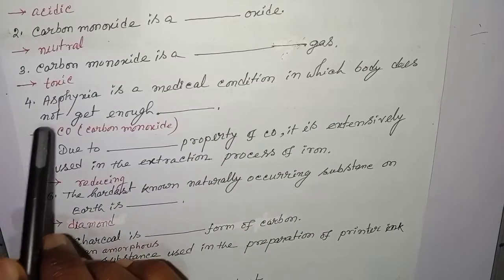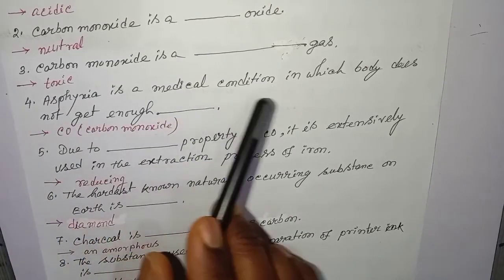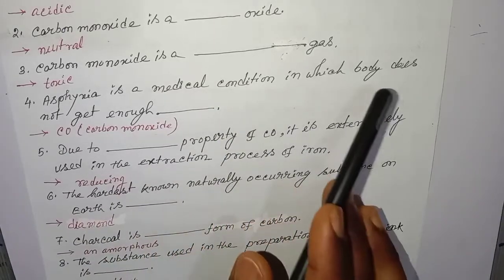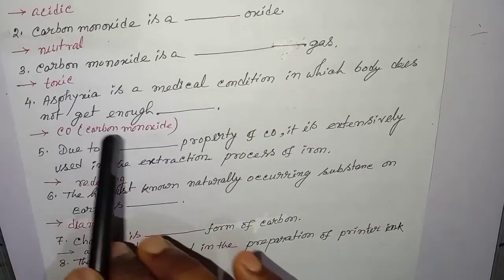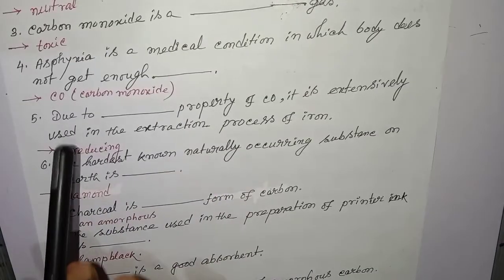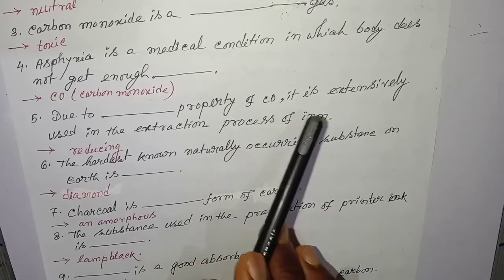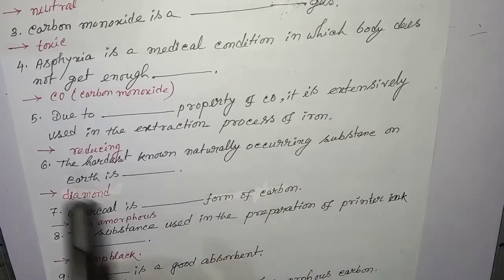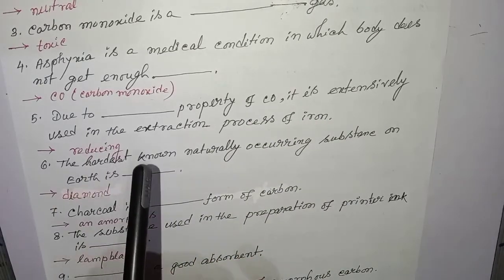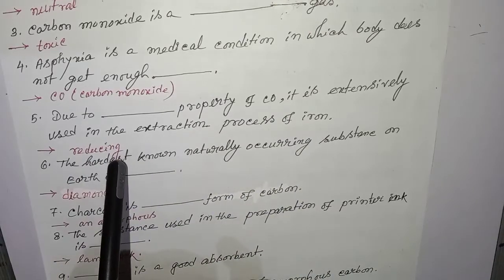Asphyxia is a medical condition in which the body does not get enough oxygen. Due to this property of carbon monoxide, it is extensively used in the extraction process of iron as a reducing agent.